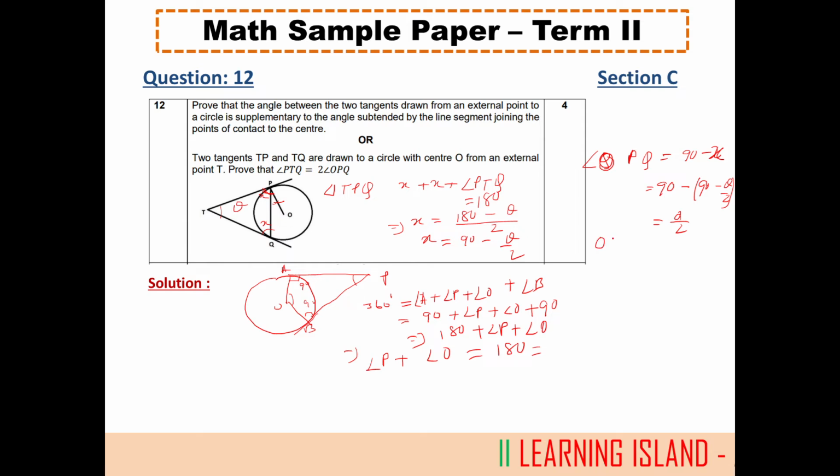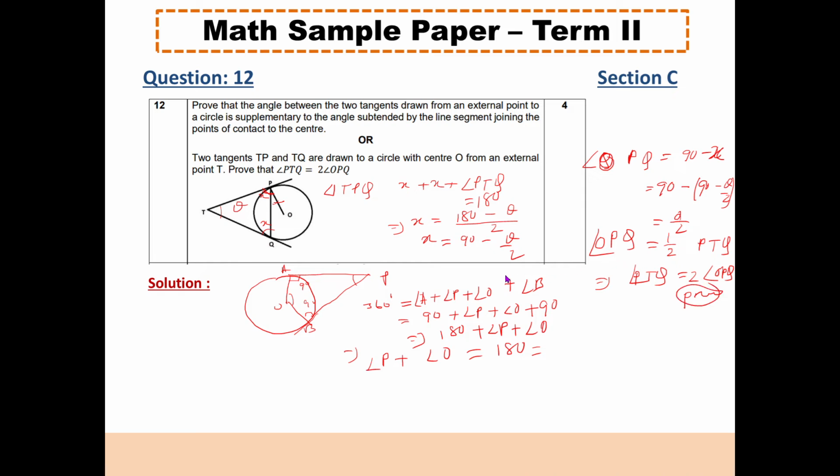So OPQ is half of PTQ. That means PTQ equals 2 into OPQ. Proved.